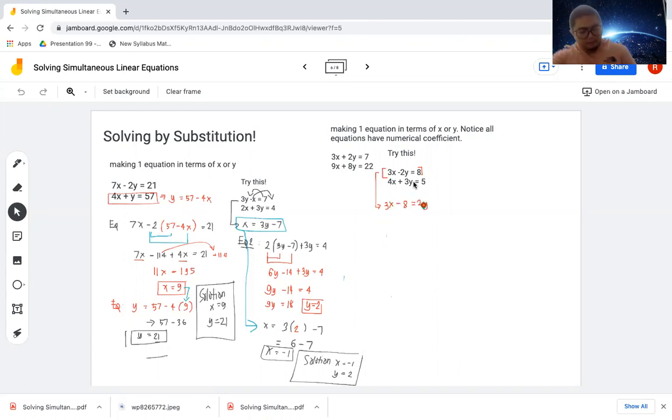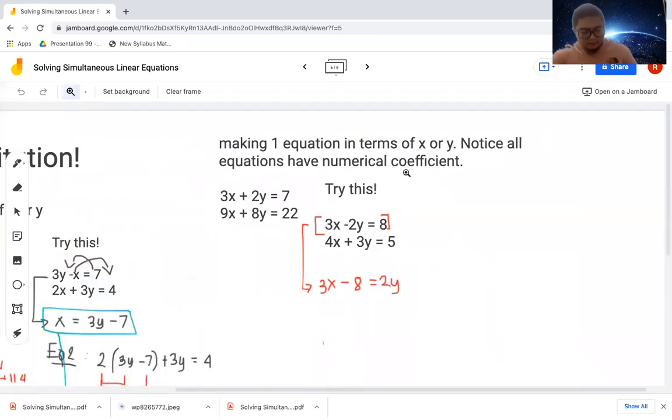So notice that what I did is I moved this 8 here, and I moved this minus 2y on this side, which will give you an idea that, okay, this is going to be the answer. So all you need to do is to just flip it like a mirror. Like a mirror image, the right side of the equation will now go to the left side, and the left side of the equation will now go right.